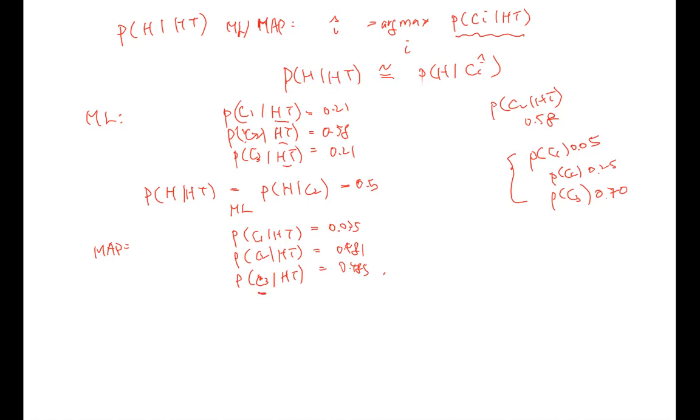Therefore, if I estimate P(H given head and tail) using MAP, it will be P(H given C3). If the coin is heavily biased to be head, I forgot whether tail or head, head yes, so it's like 0.9.